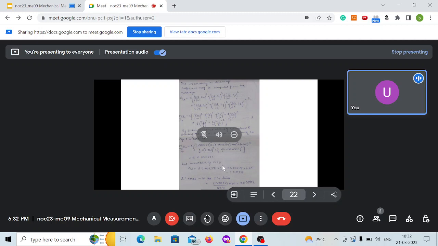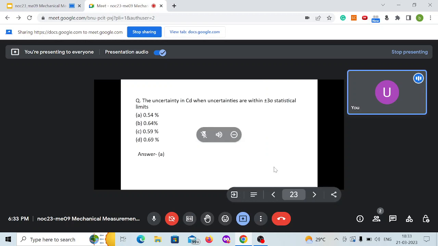So the uncertainty in CD is plus or minus 0.005375 into CD, and the CD value we already calculated is 0.641, so that will give you 0.00345. So 0.00345 divided by the CD value into 100 will give you 0.5375. So that is close to 0.54. So the answer is option A.